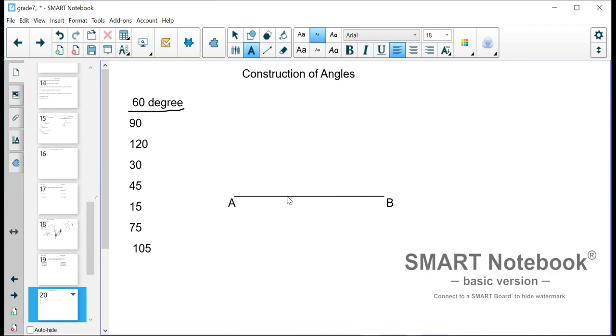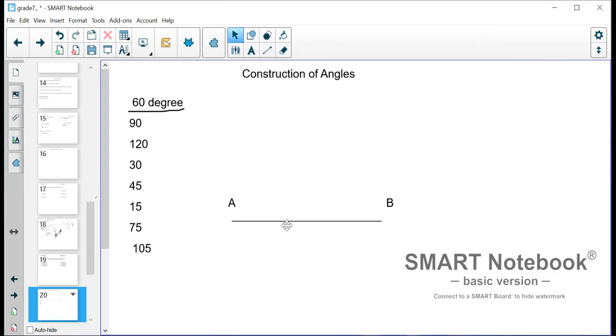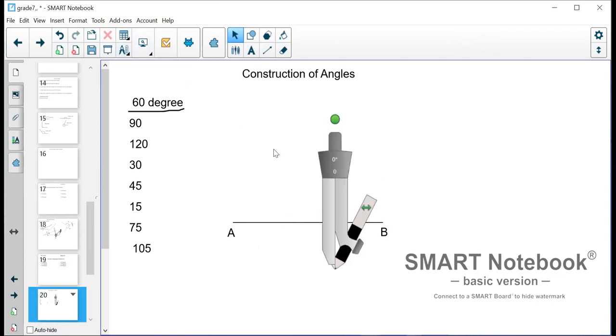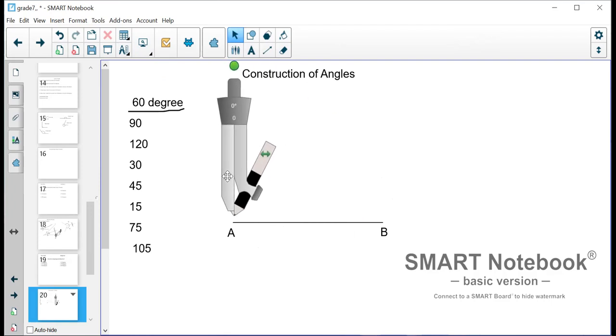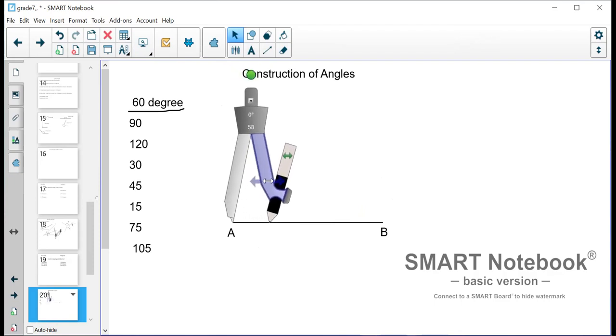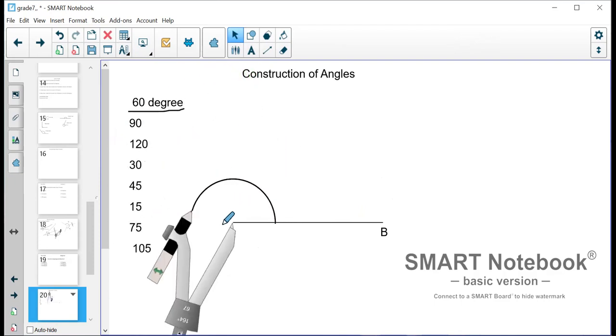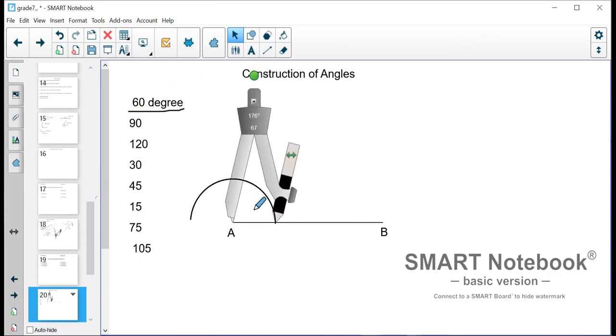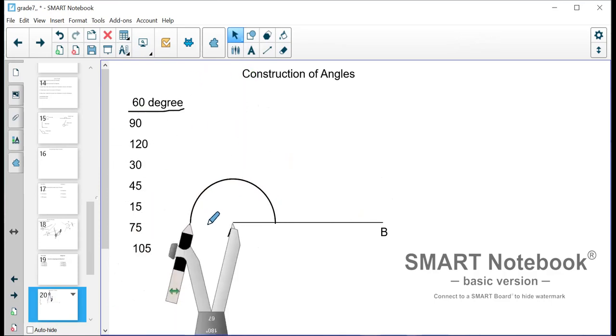As I said, when you're constructing, you will be required to use a pair of compasses. So the next thing we do is select the pair of compasses, place it at A, open to a suitable radius, any length, and scribe something like a semicircle. Well, call it an arc.